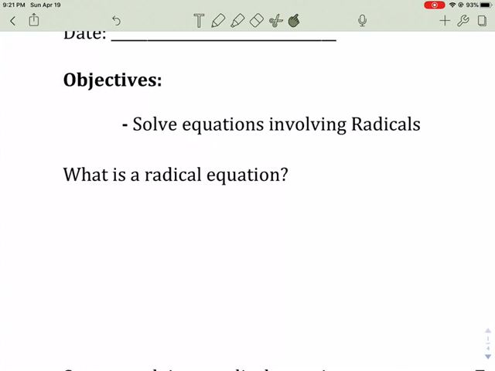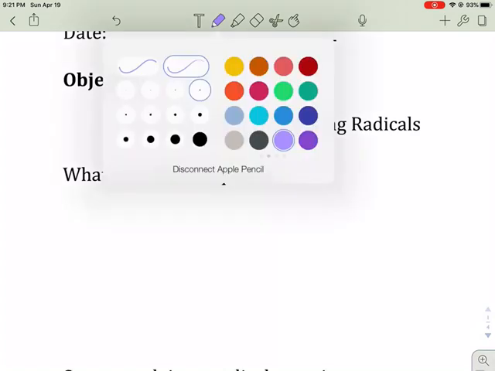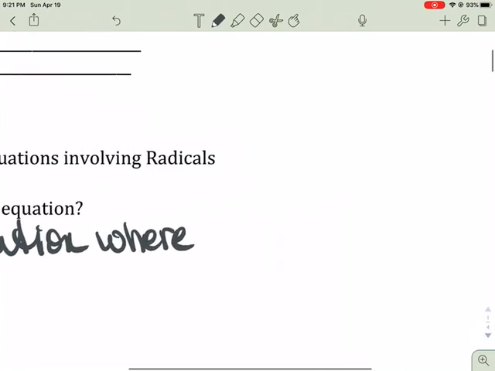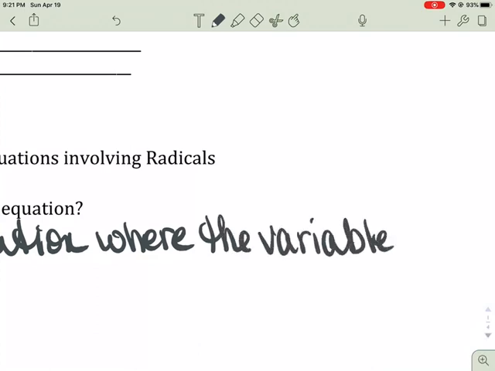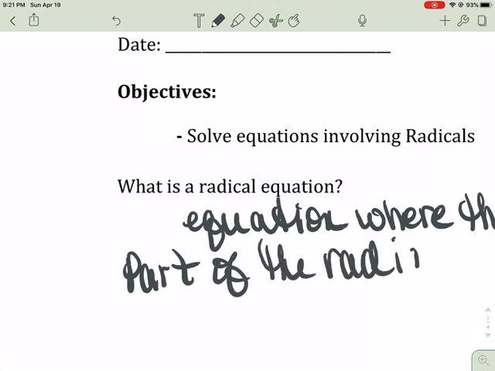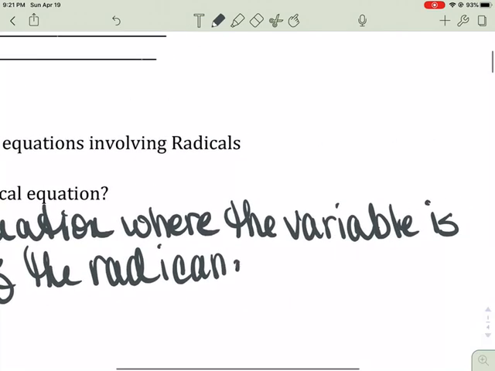So in other words, the variable is underneath the radical. Okay, meaning it's under the radical.